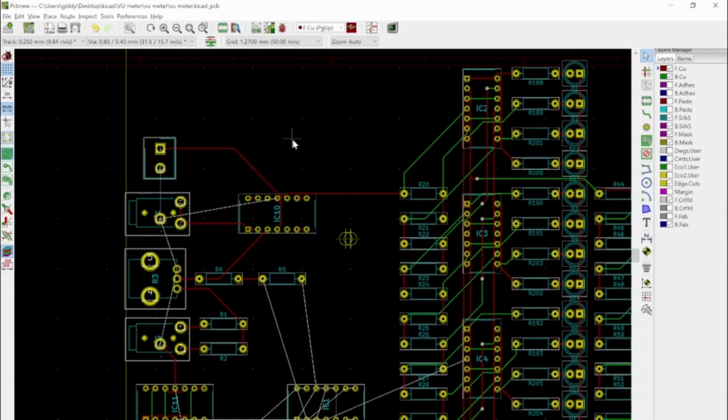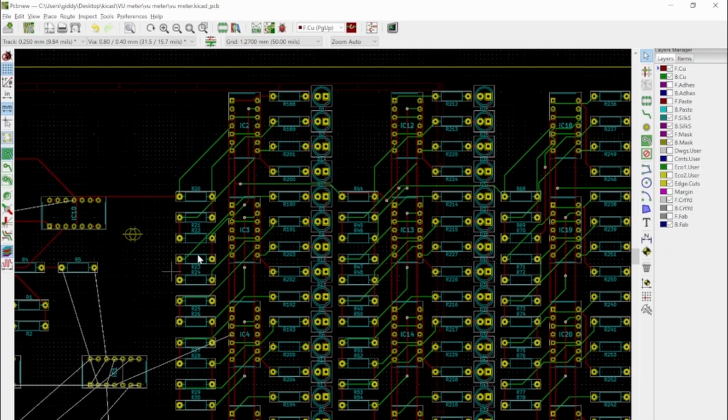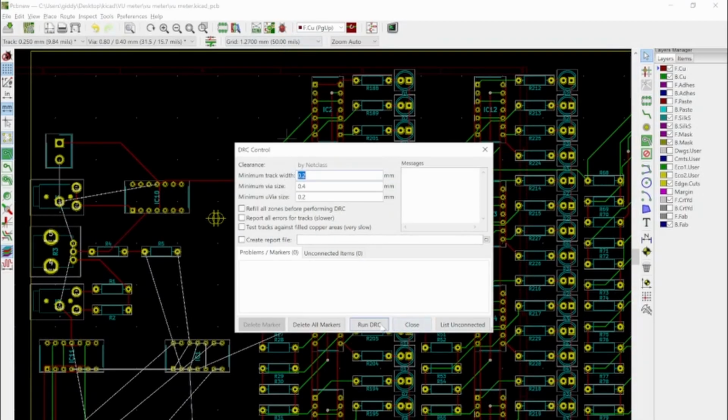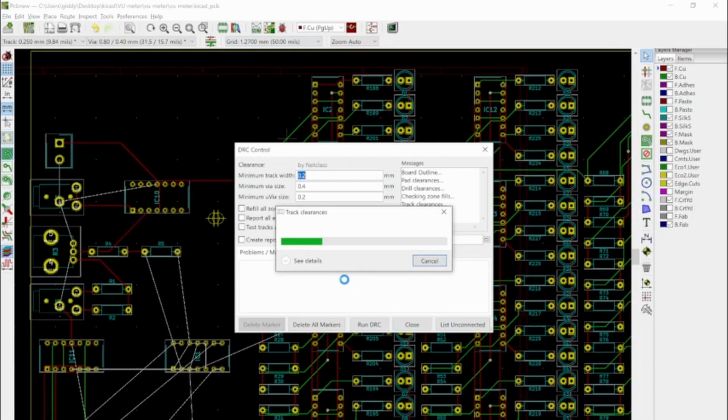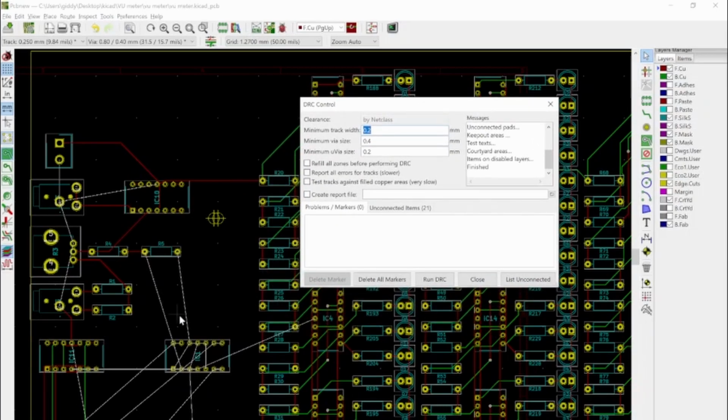So yeah, I don't think there were any issues with this part of the board. There were a few missing traces, because when you do the DRC thing, I was looking at problems, and there aren't any problems, but you can see there's missing traces on the board.